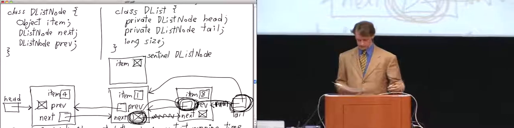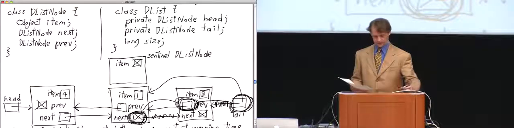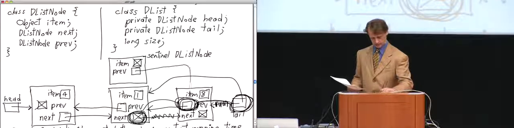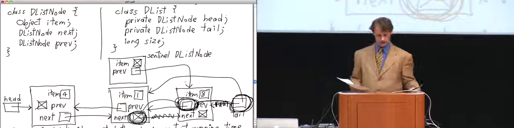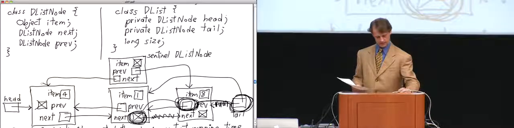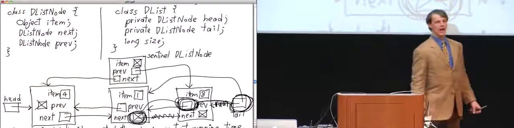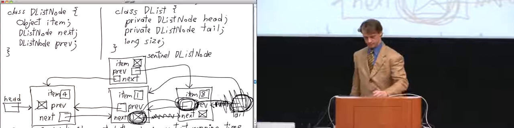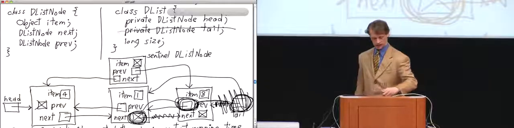We're going to have the sentinel's prev field act as the tail of the list. And the sentinel's next field is going to tell you what the head of the list is, or the first item in the list. And we're not going to have a tail pointer anymore because the sentinel is doing that job.